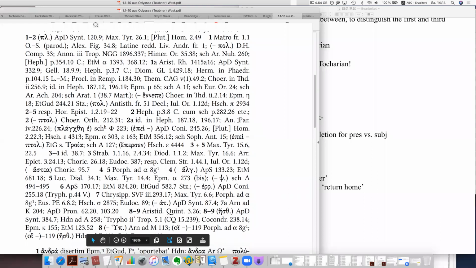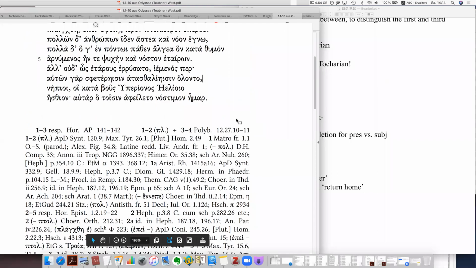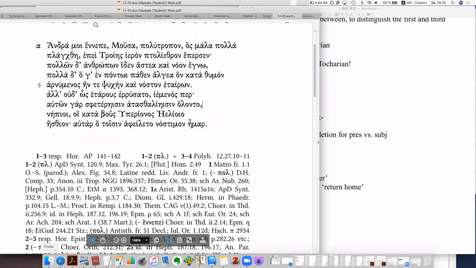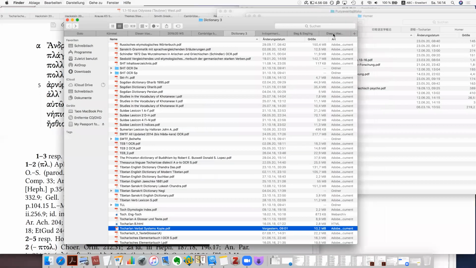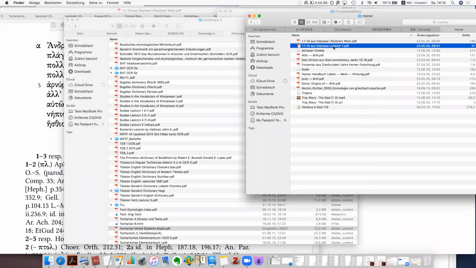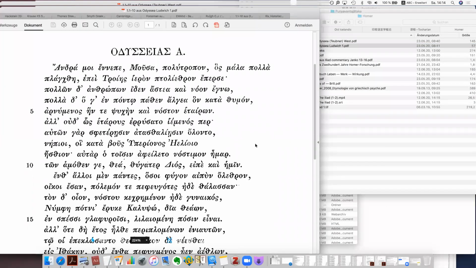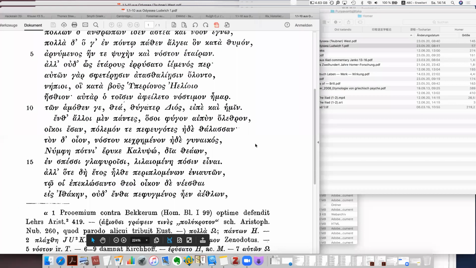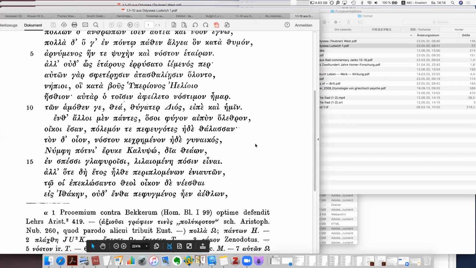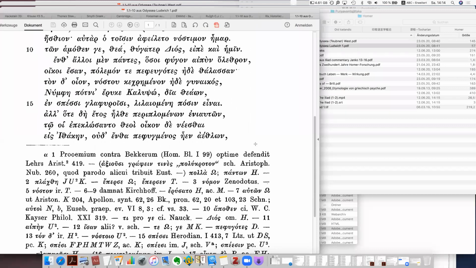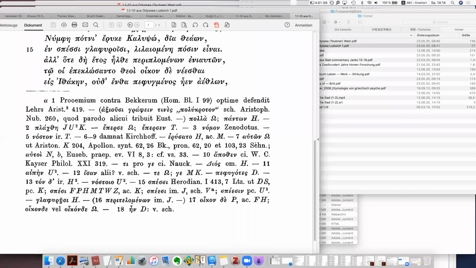For the critical apparatus, I would also recommend you to use the edition by Arthur Ludwich. His text edition is about 100 years earlier, but still one of the most authoritative editions until now.